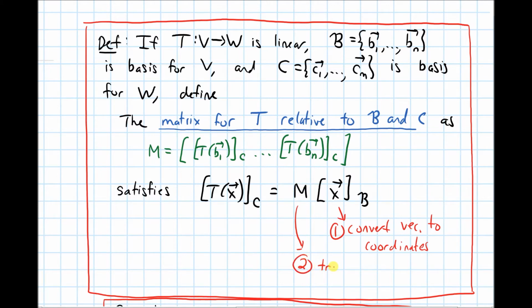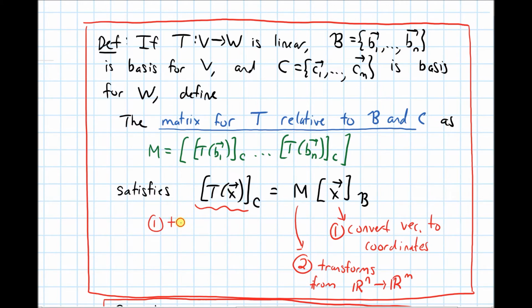What that does is it transforms from Rn to Rm. So it's a normal column vector transformation. On the other side, the C coordinate vector of T(x) is doing two things, because there's an inside and an outside. T(x) is what happens first.